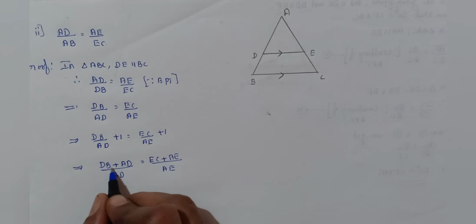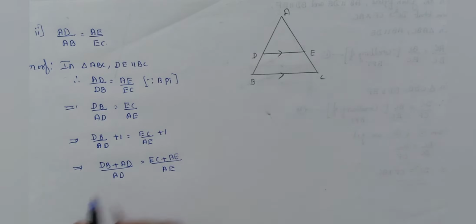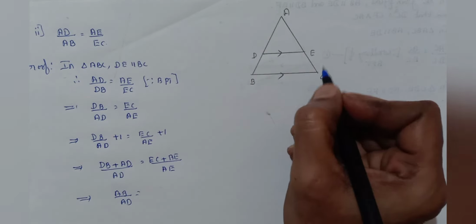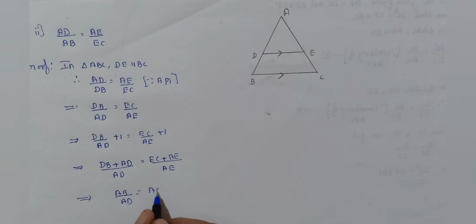Now add DB and AD. DB plus AD is AB. AB by AD is equal to EC plus AE, which is AC, AC by AE. So AB by AD is equal to AC by AE.